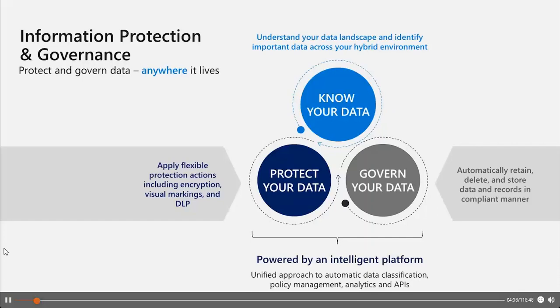Data is created and shared across boundaries, devices, apps and cloud services, so it's imperative that you protect the data throughout its complete life cycle and across your environment. This end-to-end data governance helps you find and retain the data that is most important, while eliminating redundant, obsolete, and trivial data that could cause risk of compromise.